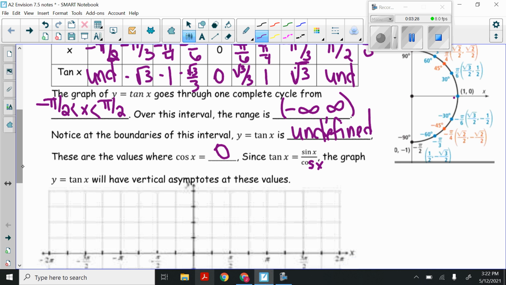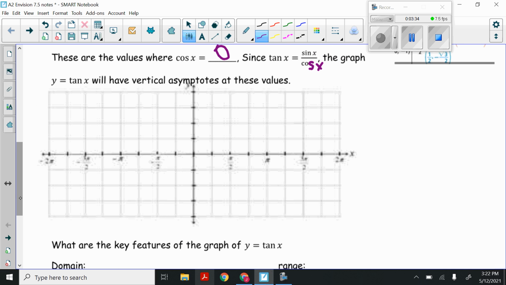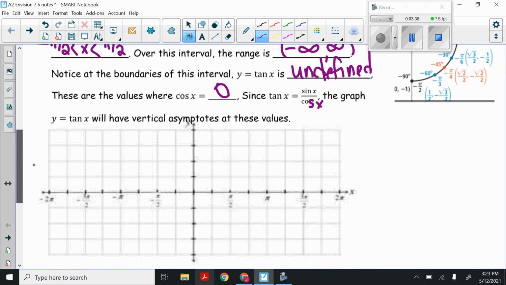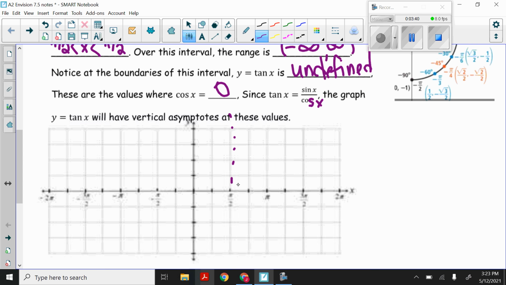Therefore, the graph of y equals tangent of x will have vertical asymptotes at these values, okay? So I know that all of my pi over 2's are vertical asymptotes. So I'm going to draw those in here. So every pi over 2 is going to be a vertical asymptote.